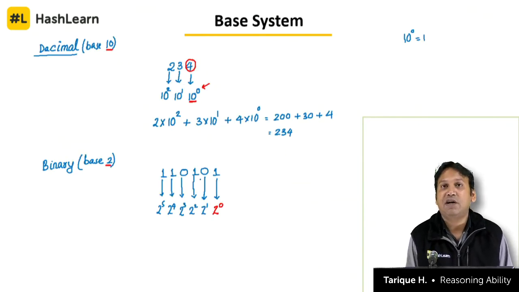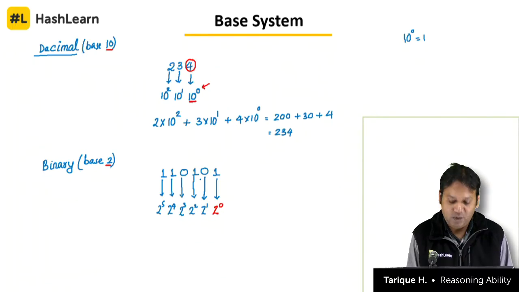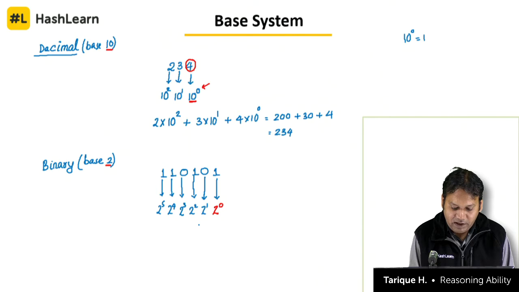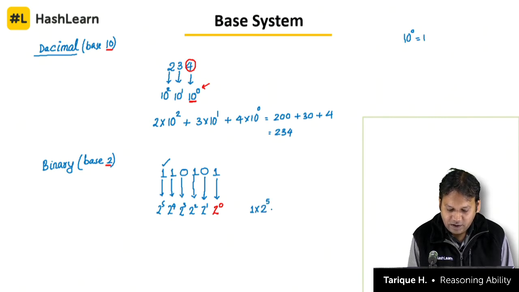0 doubling 0 is not of any sense, because 0 into anything is 0. So you see 1 is doubling, again 1 is doubling. So what will be the number then? Start from this number 1 here, 1 into 2 power 5 plus next one, this 1 into 2 power 4. 0 is 0, so we will leave it out.